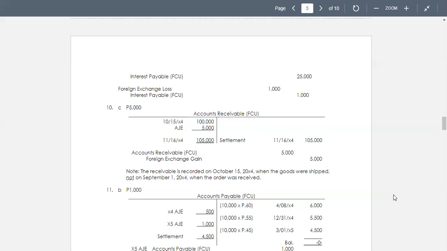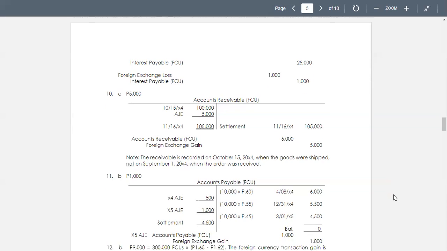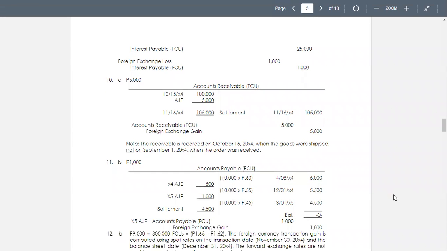So you try adding adjusting journal entry, debit 500, debit 1,000, settlement is 4,500. Adjusting journal entries to debit accounts payable and credit to foreign exchange gain only by the amount of 1,000.